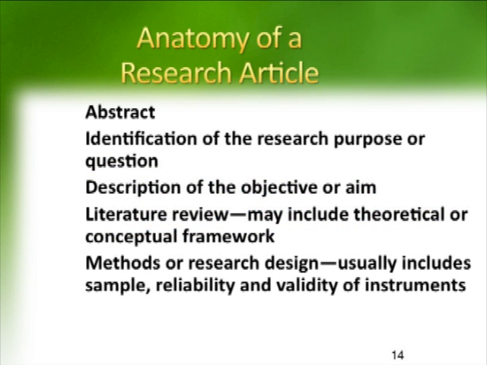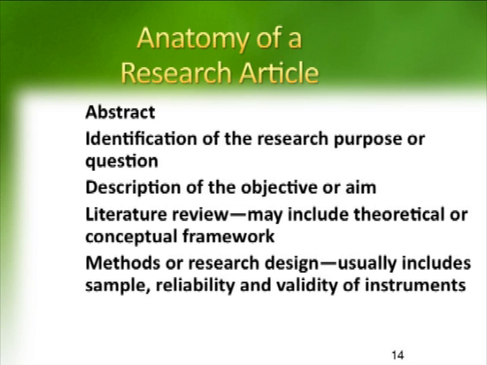Now, many people think that they know how to find a research article, and through the years I have found that students generally have a hard time doing this. So when you pull up an article, you're going to want to look to see if it has an abstract, and usually everything has an abstract.